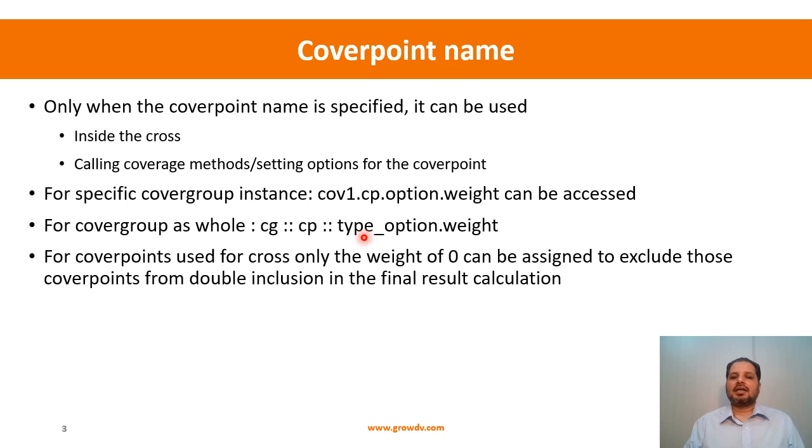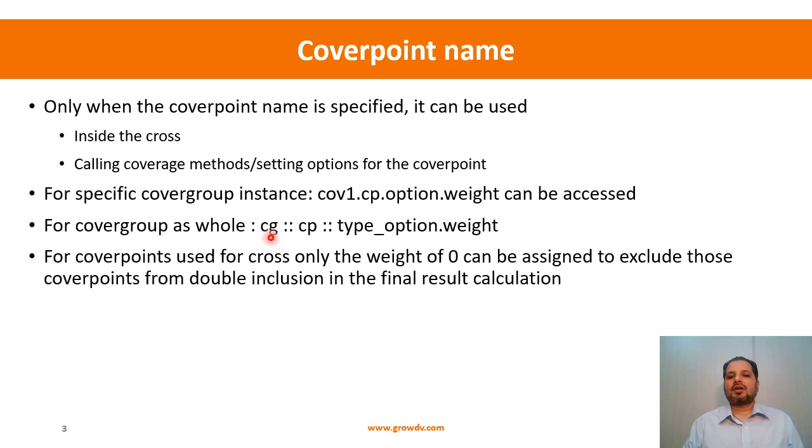Something that can be specified across all instances of a cover group, or for a particular instance of a cover group. So the type option allows us to specify across all instances. When I do cov1.cp.option.weight, it sets the weight for only one instance, cov1.